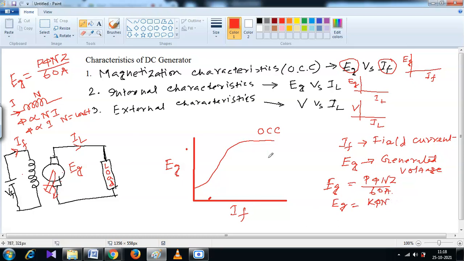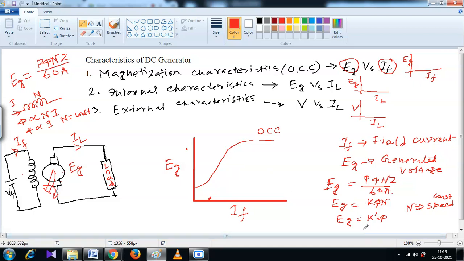If we rotate that generator with constant speed, suppose the speed is constant, then we can write Eg is equal to a constant and phi.